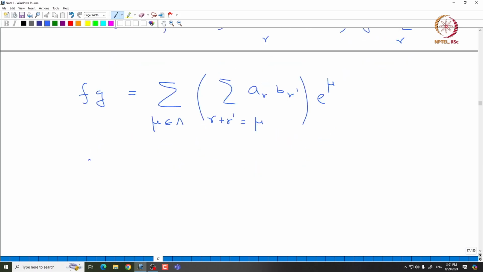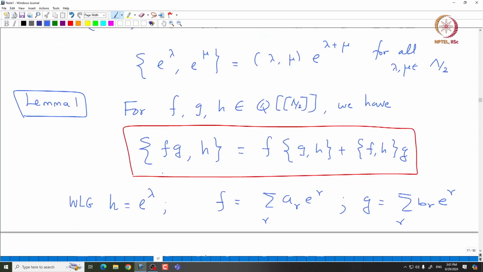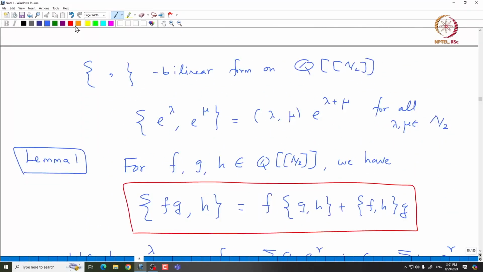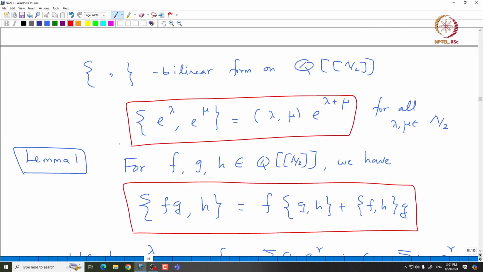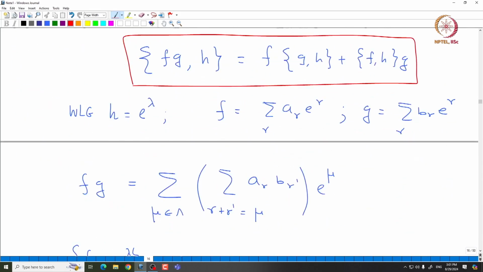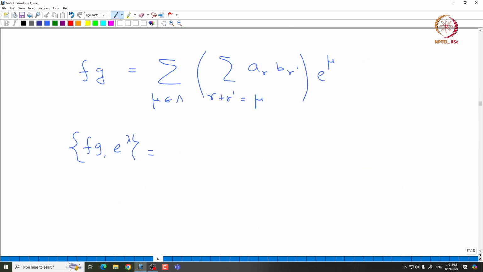Now if you compute the bracket of FG with e^λ, by definition, whenever you take e^λ and e^μ, the bracket is nothing but the inner product (λ, μ) times e^{λ+μ}. So, what is the bracket of FG with e^λ? You just have to use linearity and bring it in.